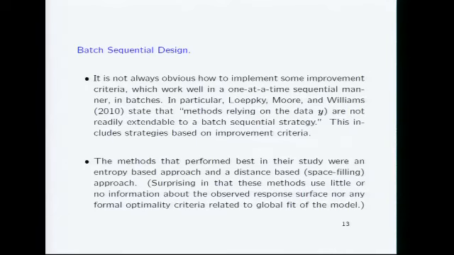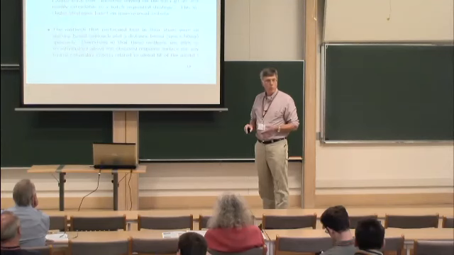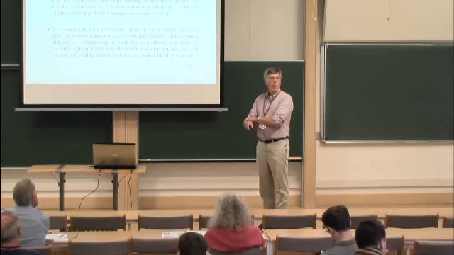So in particular, they make the following statement, that methods relying on the data, Y, are not readily extendable to a batch sequential strategy. This includes strategies based on improvement criteria. So they didn't know how to do this. And so in their paper, when they look at some criteria, they do it one at a time rather than in batch mode.